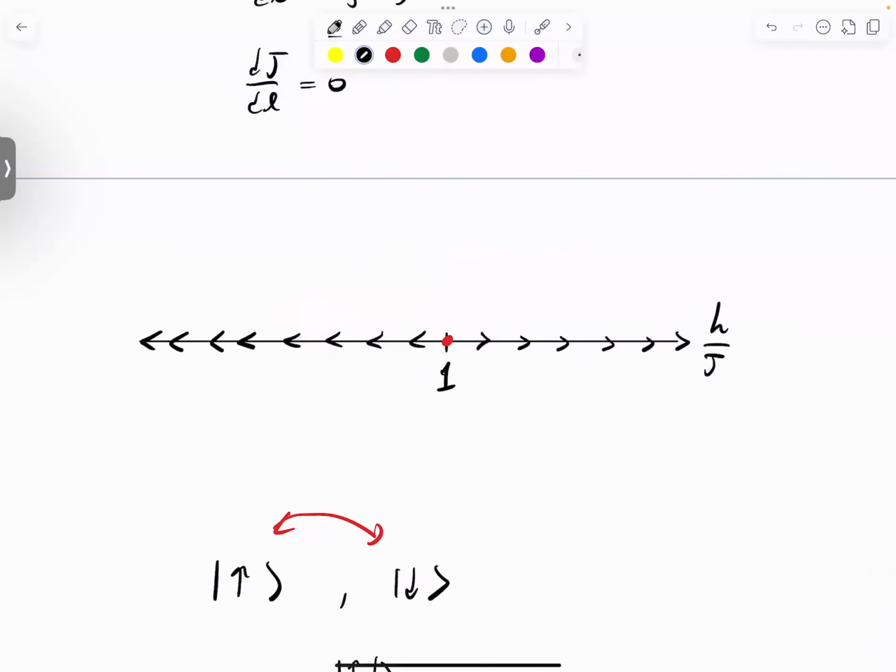So here, in this regime, you have beta of H smaller than 0, and this is what we call irrelevant.